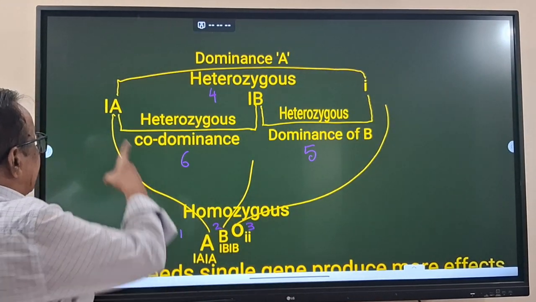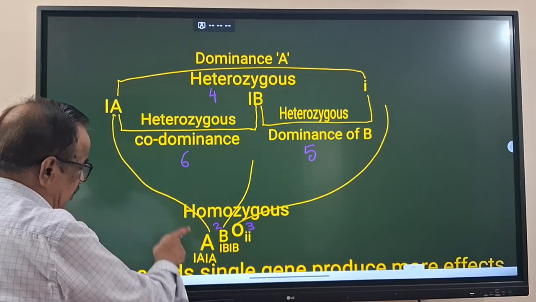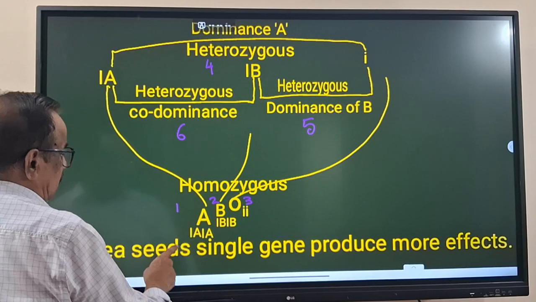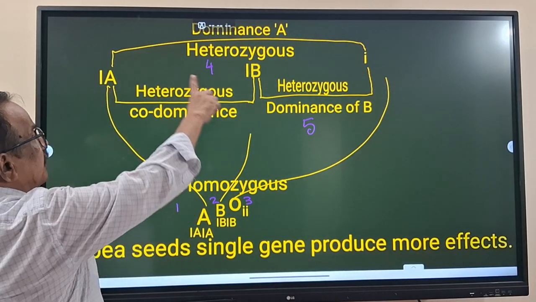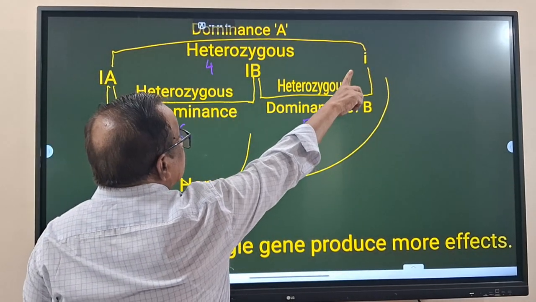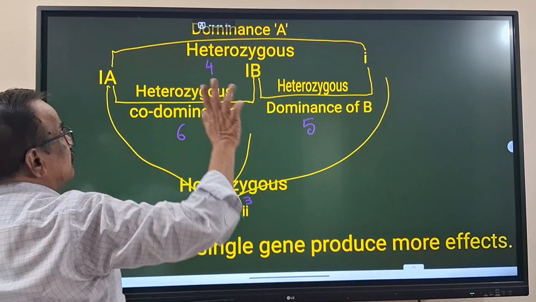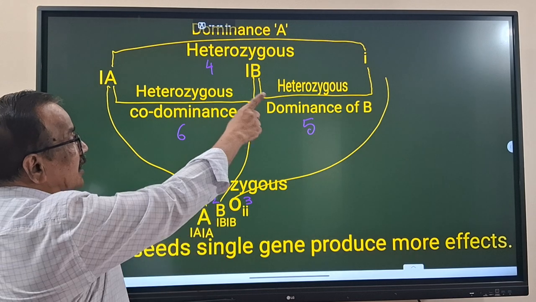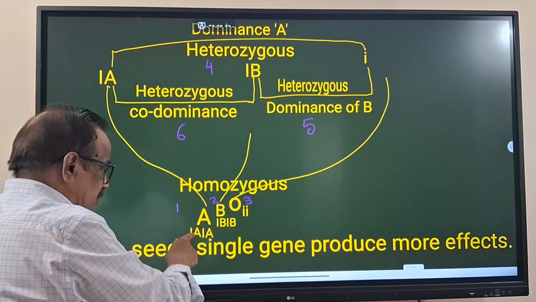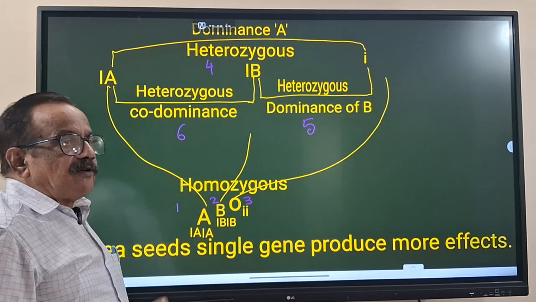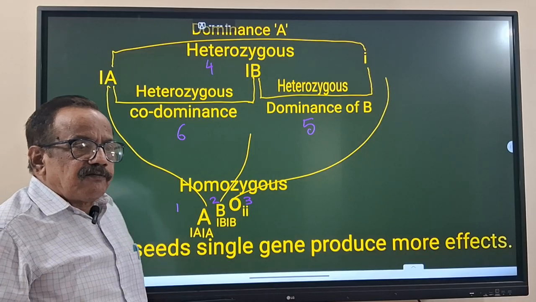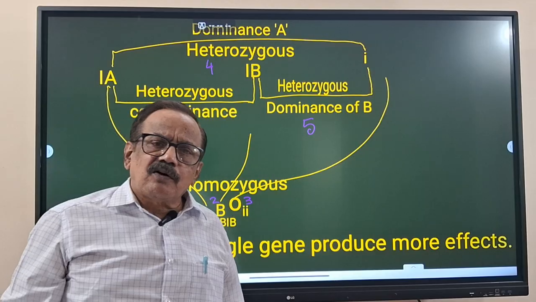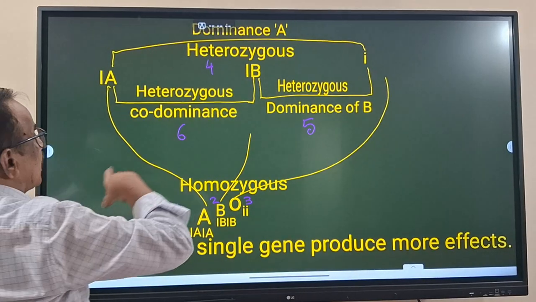Here A may be homozygous, AA, or A may be heterozygous with O, that is i. So A will be dominant, because if the heterozygous A is dominant, the homozygous also shows the dominant character A. It can show A with O in the heterozygous condition.